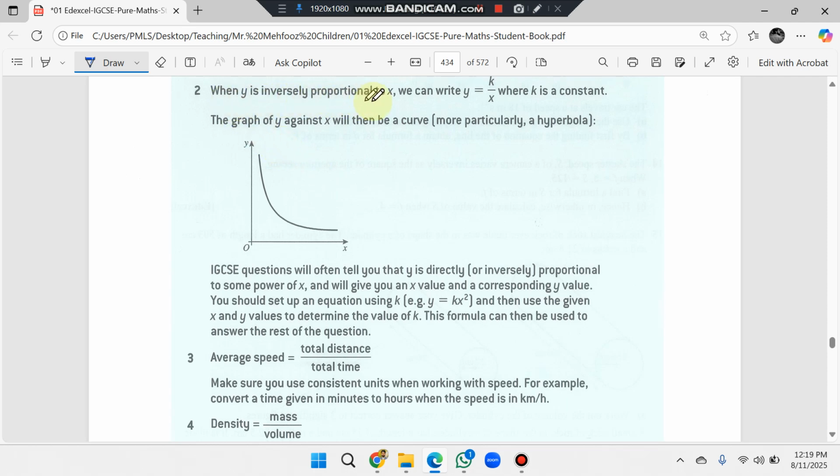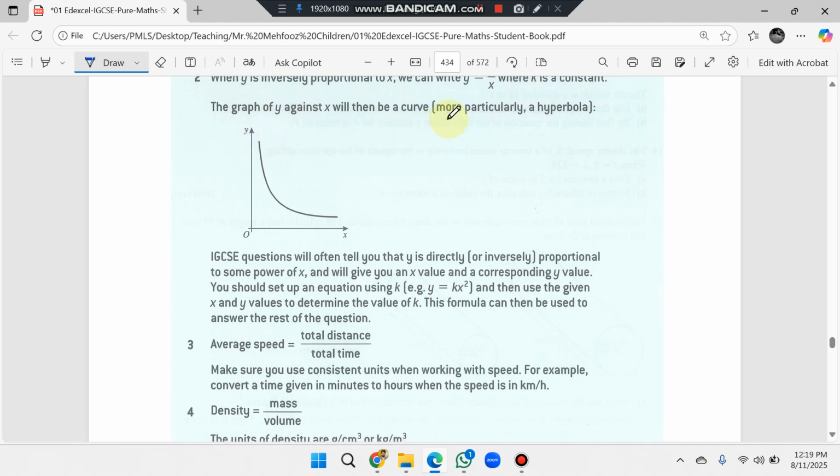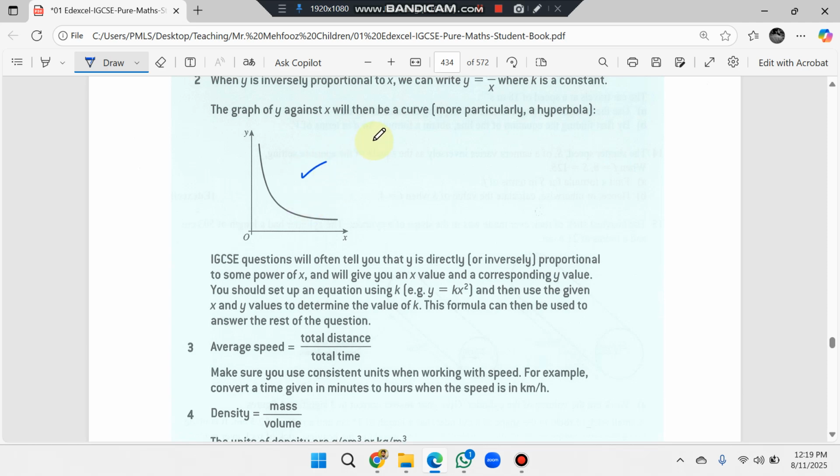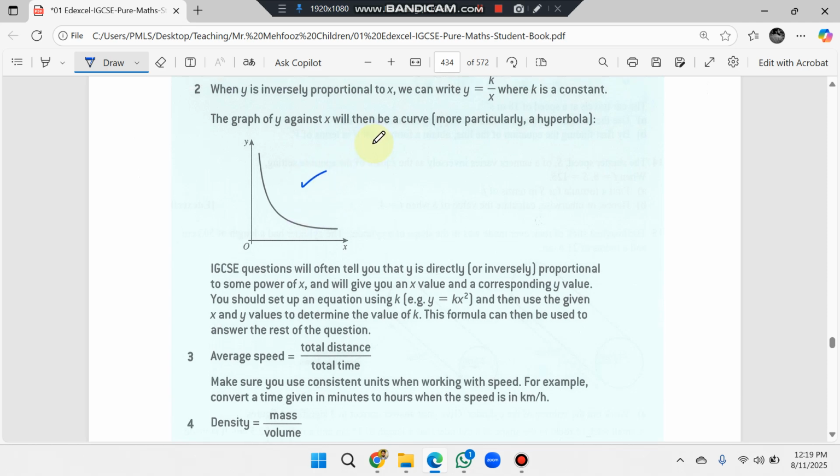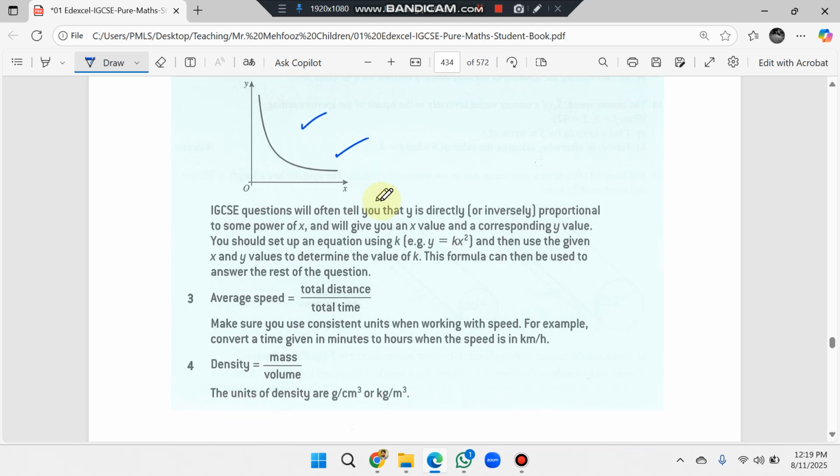When y is inversely proportional to x, we can write y equals k over x, where k is the proportionality constant. The graph of y against x will then be curved, more particularly a hyperbola. Because we have the graph of a reciprocal function the same as that, inverse proportional is also a type of reciprocal function, so that's why its graph will be of that type.